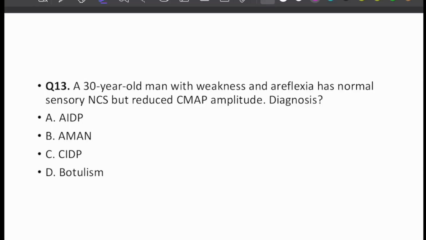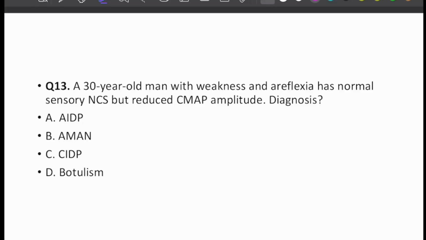Typically, the standard teaching is that any pyramidal signs like extensor plantar, or a sensory level on the trunk, and significant bladder symptoms always exclude GBS and suggest other causes like transverse myelitis. But again, remember, GBS can present with autonomic dysfunction. We'll go to the next question.